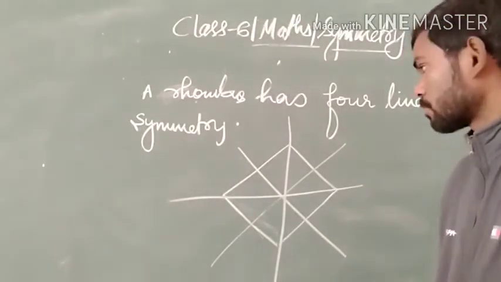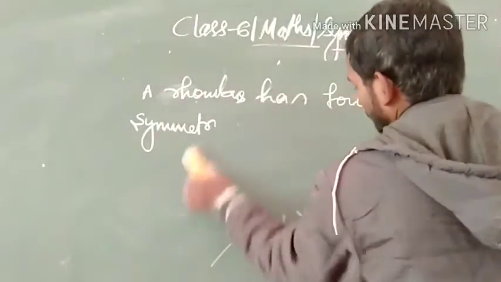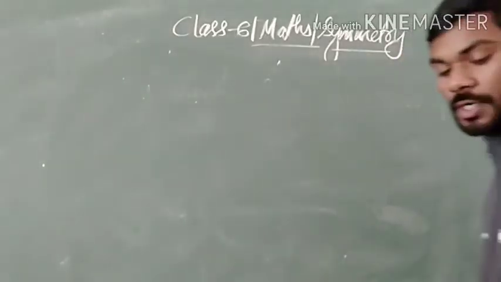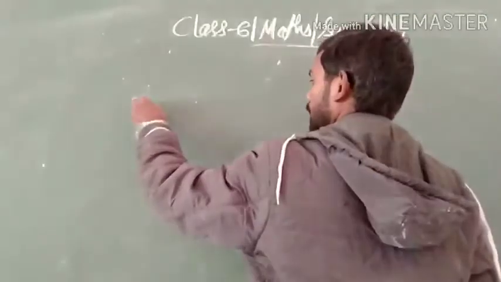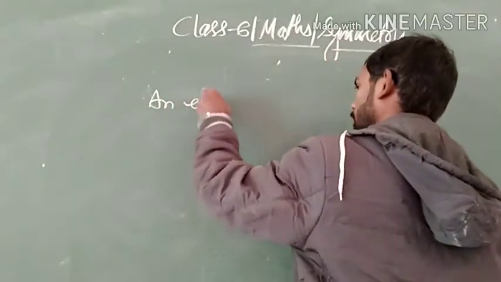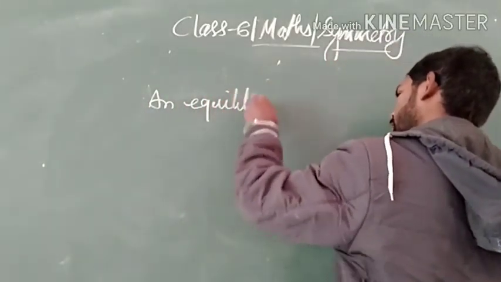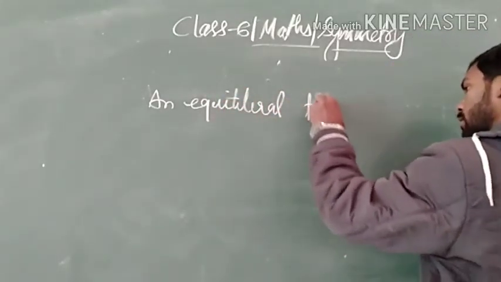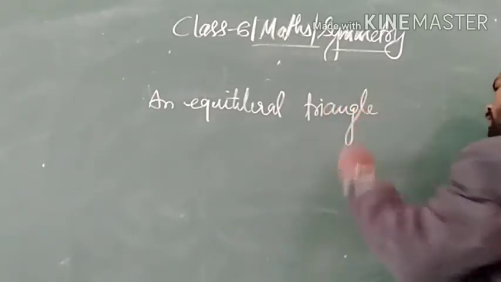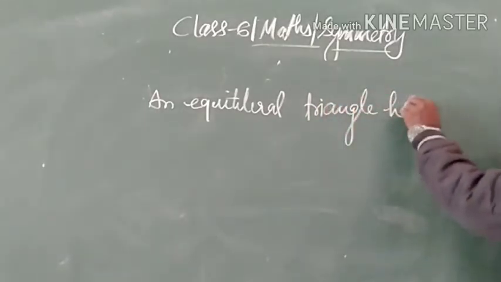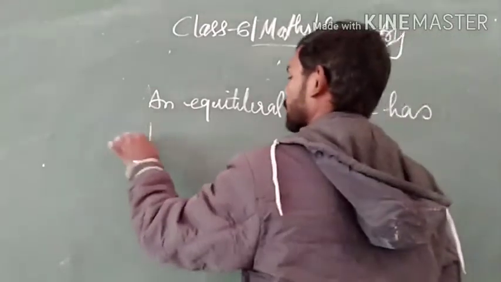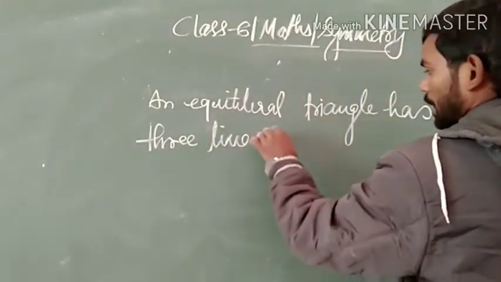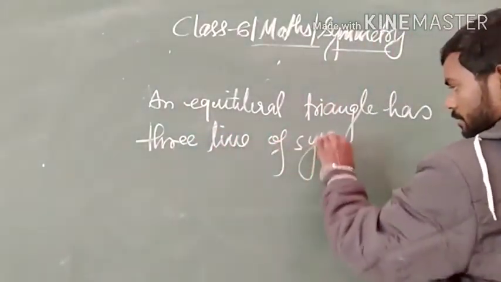Similarly, let's see how many lines of symmetry triangles have. If we talk about an equilateral triangle, an equilateral triangle has three lines of symmetry.